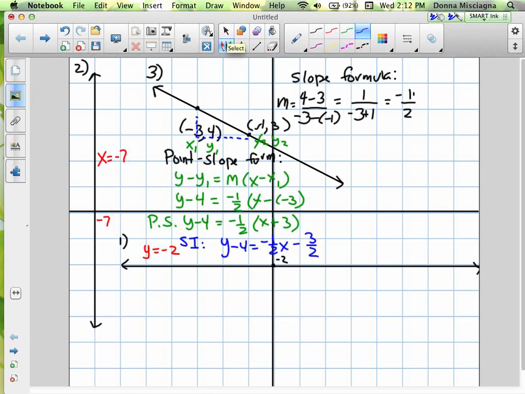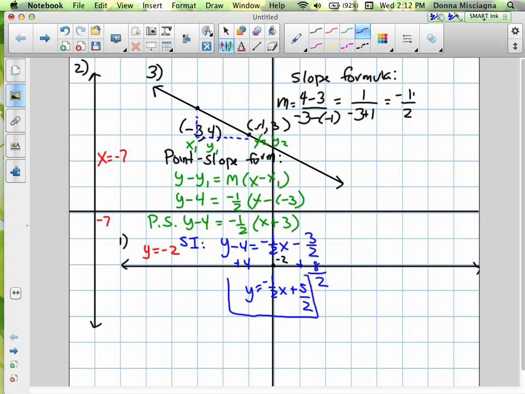Now I need to add 4 to both sides, but I need to have 4 have a denominator of 2. If I have 2 in the denominator, I have to have 4 times 2 in the numerator. So that's going to be y equals negative 1/2 x plus 5/2. There's our equation in slope-intercept form.